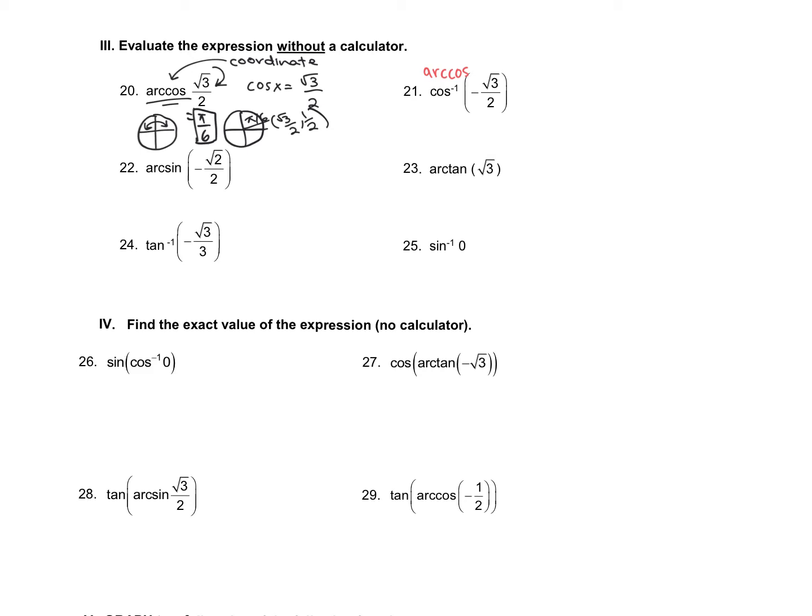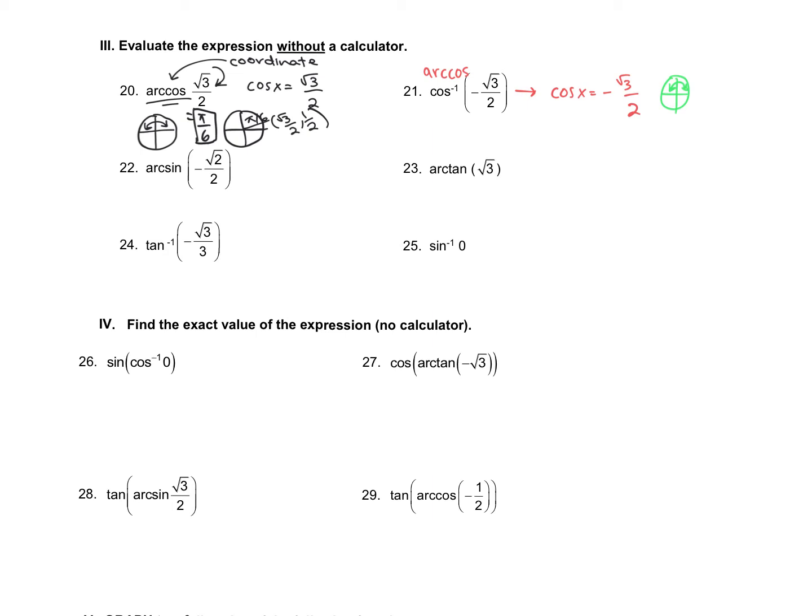Arc cosine of negative root 3 over 2 is essentially asking for cos x equal to minus root 3 over 2, but the second catch is that we can only use the top half of the circle. For arc cosine, we can only use the top half of the circle. So the only coordinate with cos x equals minus root 3 over 2 in the top half of the circle would be 5 pi over 6.